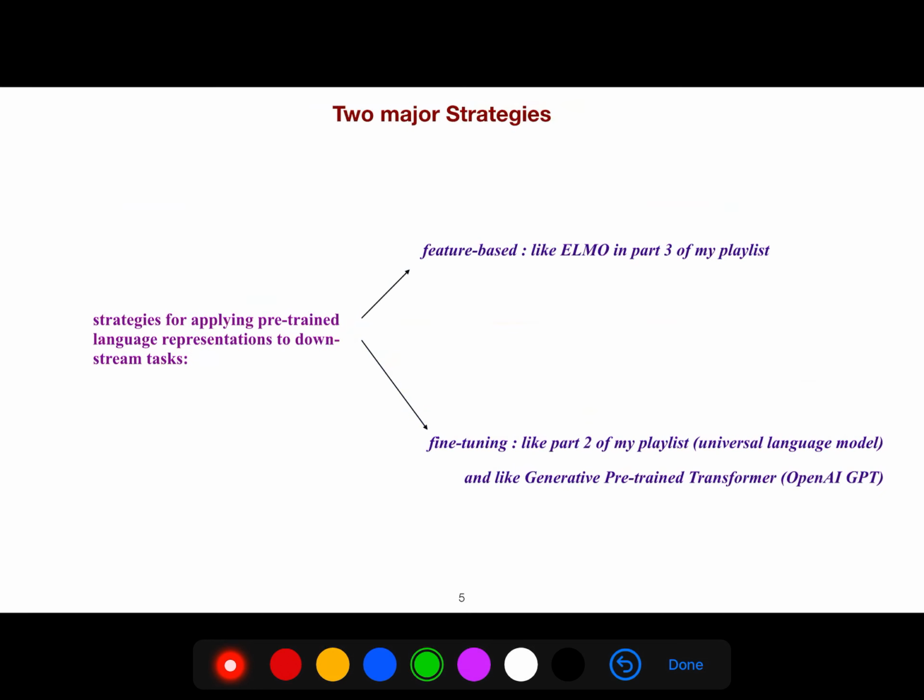So there are two main strategies. Like in the previous lecture, where I explained ELMo for word embeddings, using a bidirectional language model, ELMo was feature-based. And this lecture is also about fine-tuning.